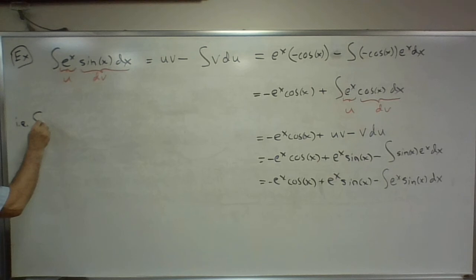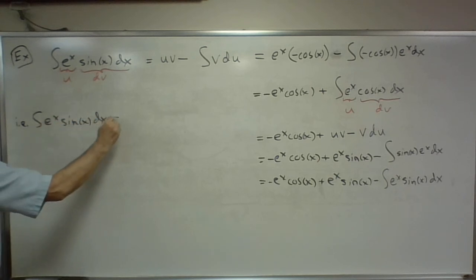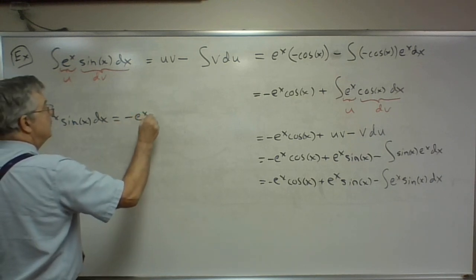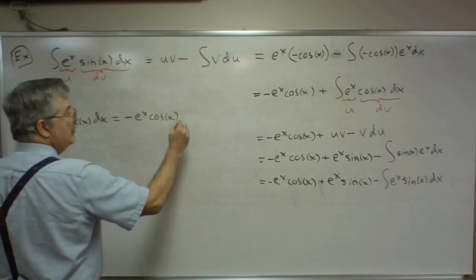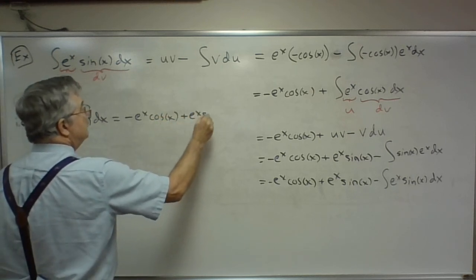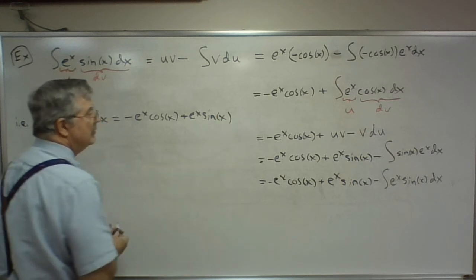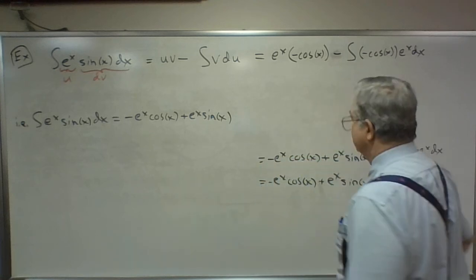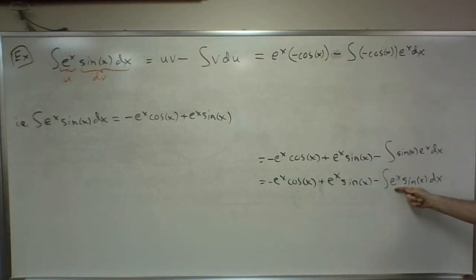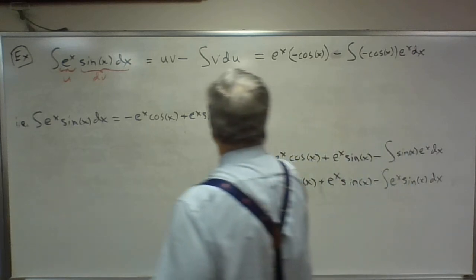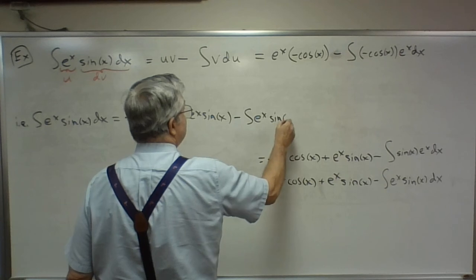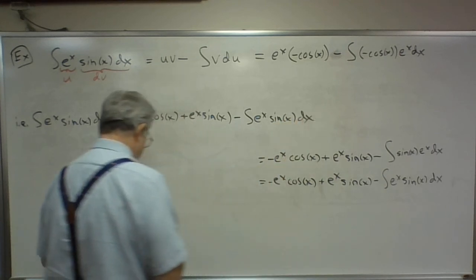We started out with the integral of e to the x sine of x dx. And this is what we get. Negative e to the x cosine of x plus e to the x sine of x minus this piece of garbage, minus the integral of e to the x sine of x dx.